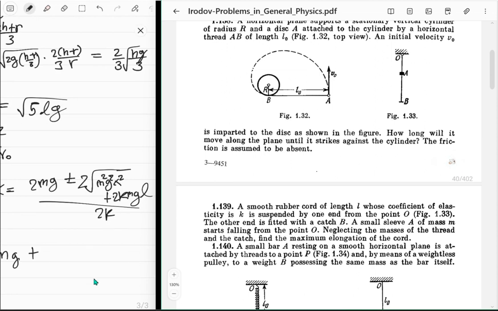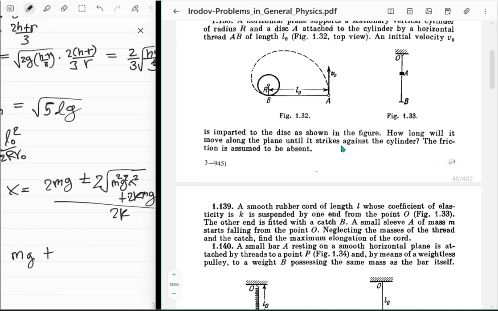There's also the other extreme point that it would have gone to if the string just kept on compressing. That would have happened if A tried to take B with it, but that won't happen. So the negative version is just not good. It doesn't even give us the minimum value. It's a different motion completely.